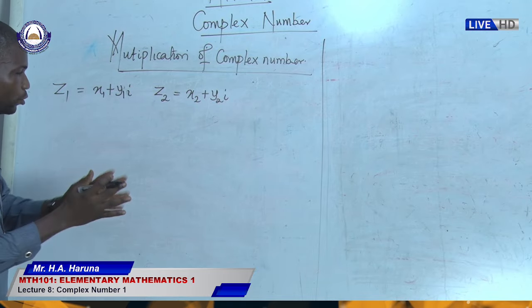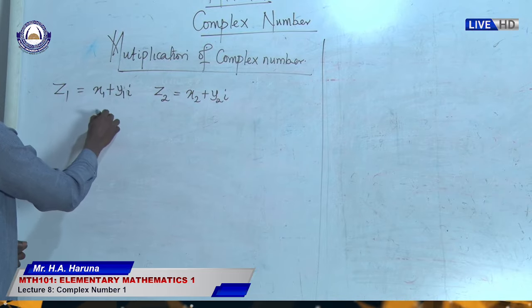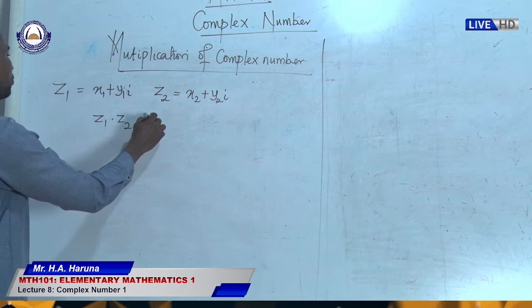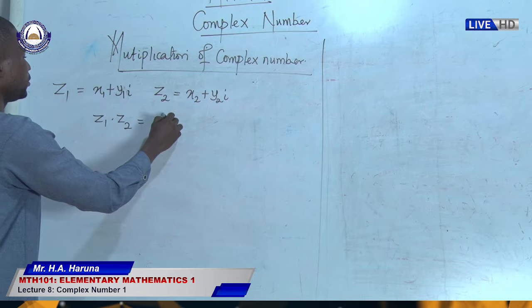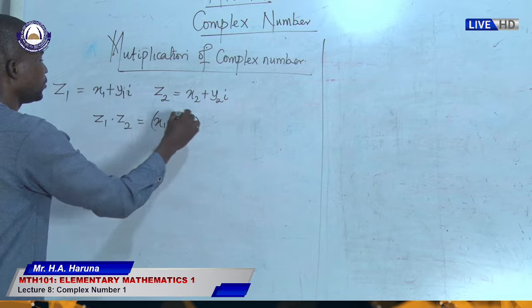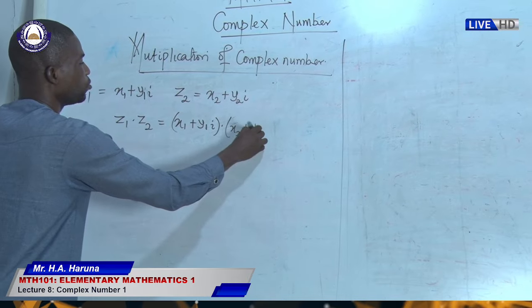Multiplication means you have to bring the two numbers together with multiplication power. So you have z1 dot z2, which gives you (x1 plus y1 i) dot (x2 plus y2 i).